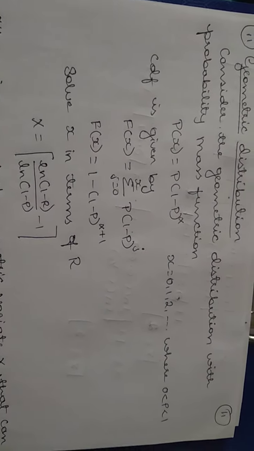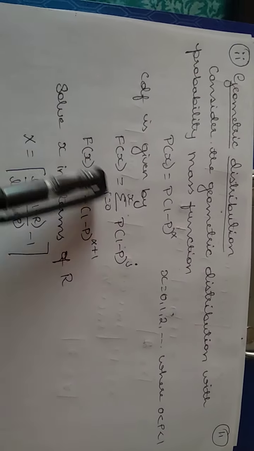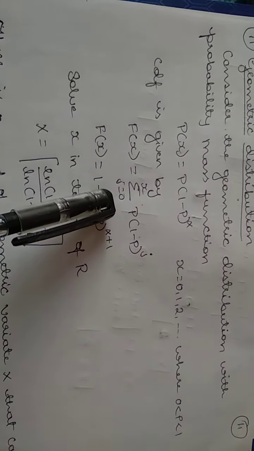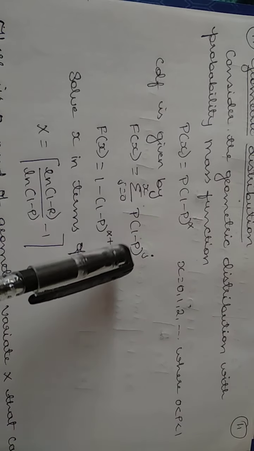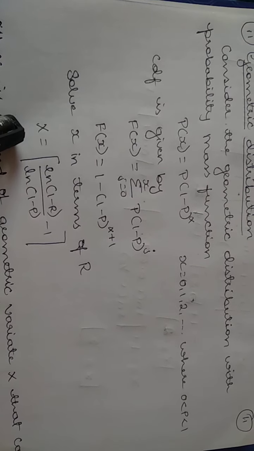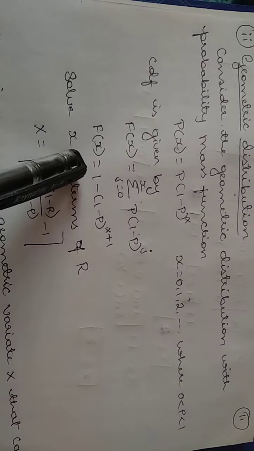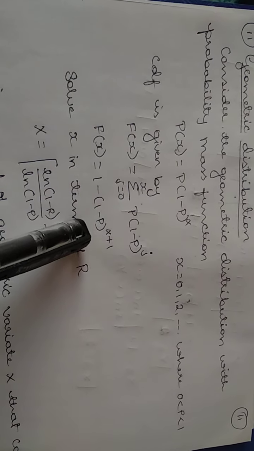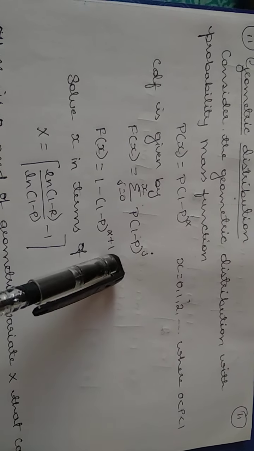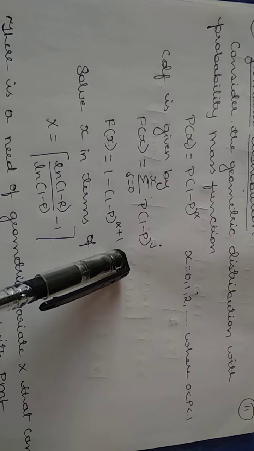The CDF is given by F of x is equal to the summation for j equal to 0 to x of p(1 minus p) to the power j. This j varies from 0 to x. I'll write it as F of x is equal to 1 minus (1 minus p) to the power x plus 1. We are solving this for x now.